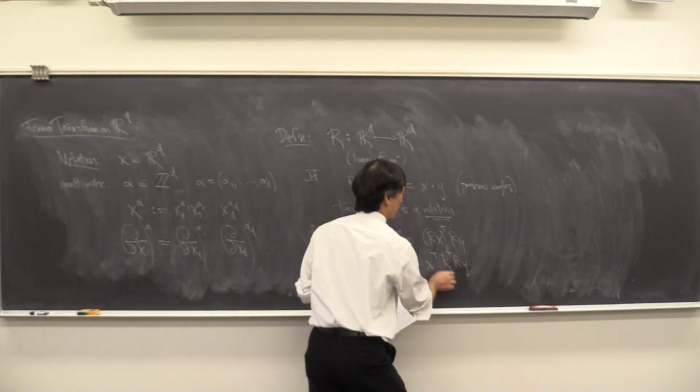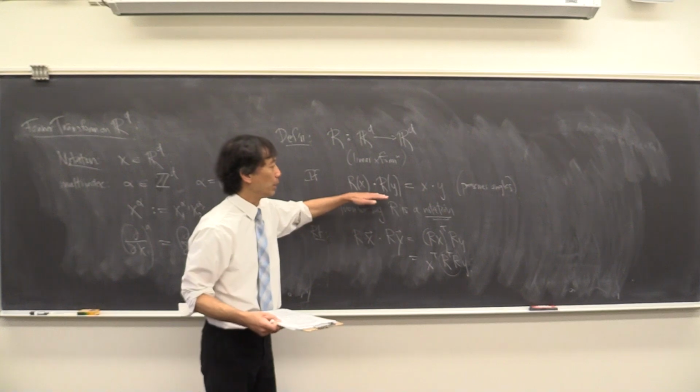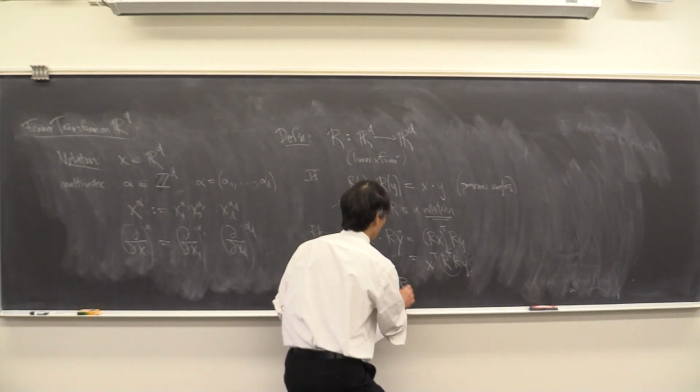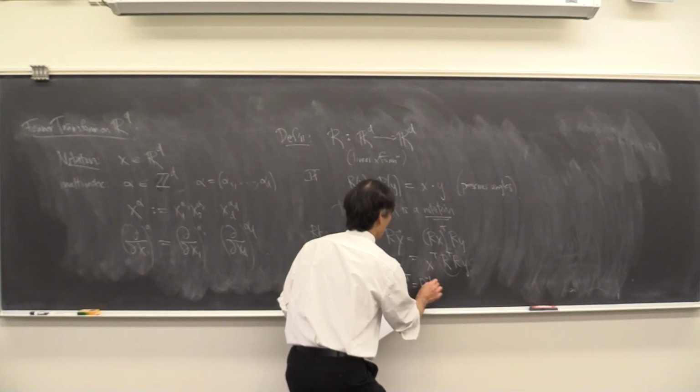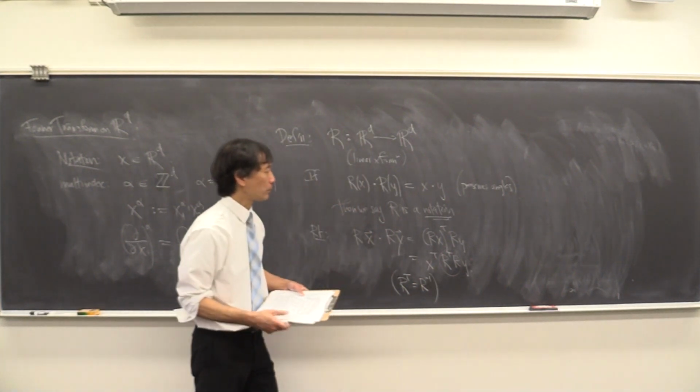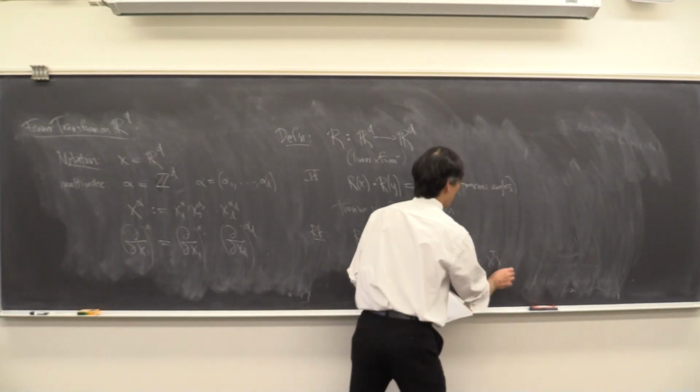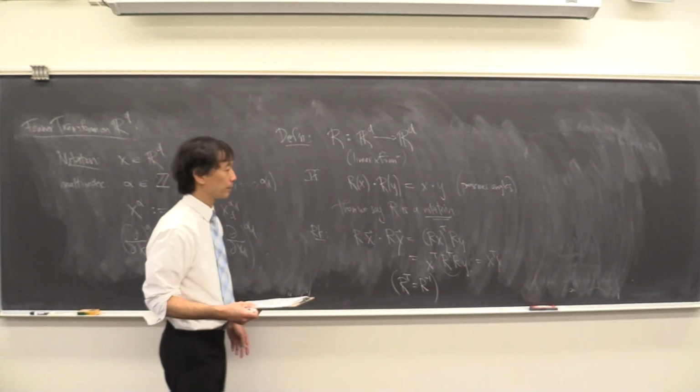So what this is saying is that R transpose is R inverse, so that you end up with x transpose y, the dot product of them.